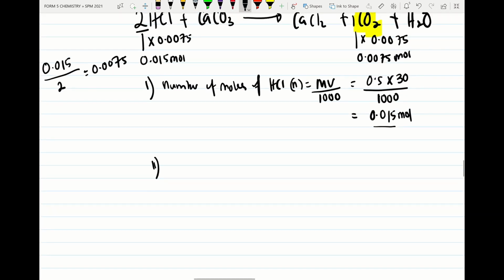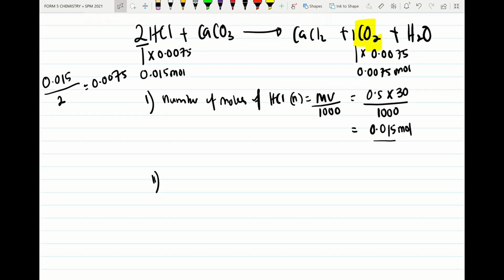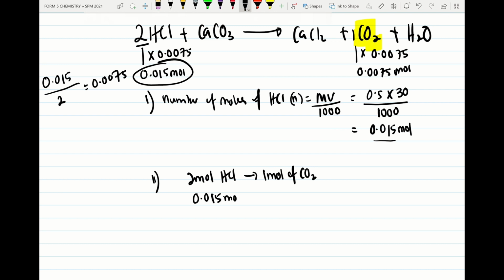That's how we find the ratio. Now we write in ratio form: 2 mole of hydrochloric acid produces 1 mole of carbon dioxide, so 0.015 mole of hydrochloric acid will produce 0.0075 mole of carbon dioxide.